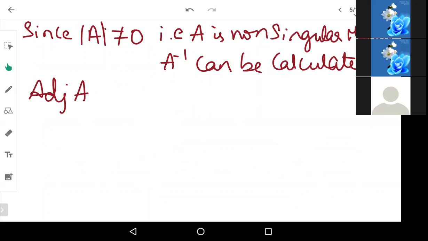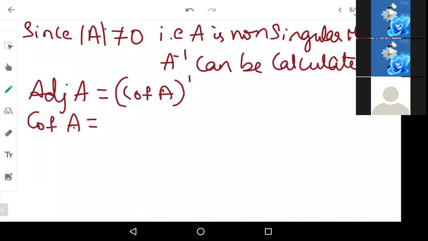To find adjoint of A, what is the formula? Adjoint of A is equal to cofactor of A transpose. Okay, adjoint of A is equal to cofactor of A transpose. And what is cofactor of A?